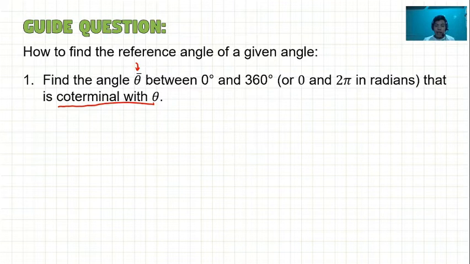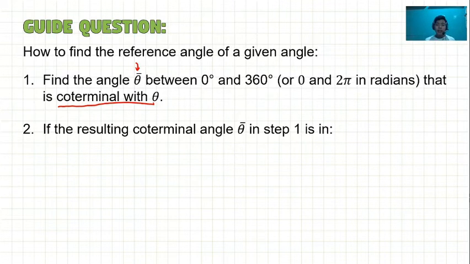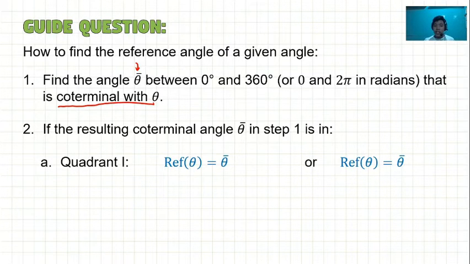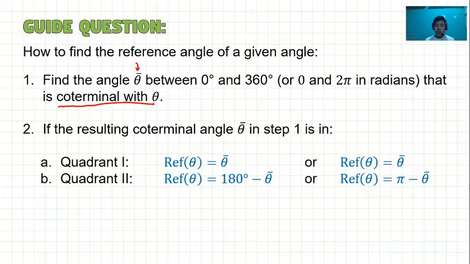Then next, if the resulting coterminal angle theta bar in step 1 is in quadrant 1, the reference angle will be the coterminal angle. So reference angle is equal to theta bar. If the angle is in quadrant 2, the reference angle is equal to 180 degrees minus the coterminal angle theta bar, or in radians, pi minus theta bar.